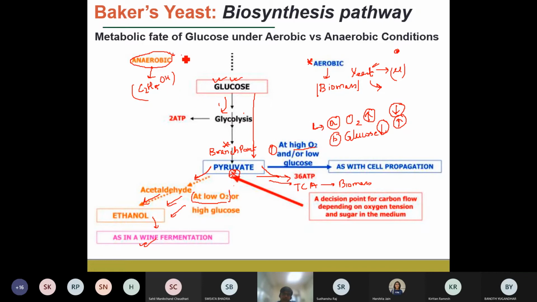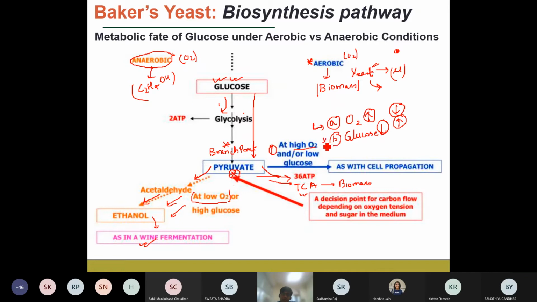Anaerobic means it should be in the absence of oxygen, and aerobic means it should be in the presence of oxygen. This basic pathway requires oxygen to propagate, so in the presence of oxygen, the TCA cycle is carried out. If the oxygen is not present, in that case the fermentation of ethanol takes place.